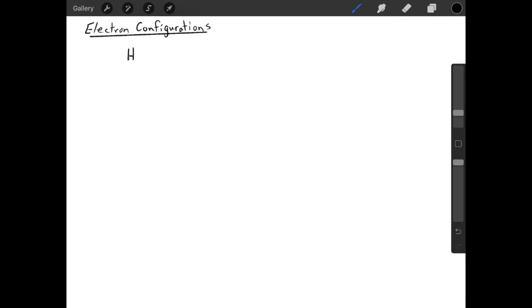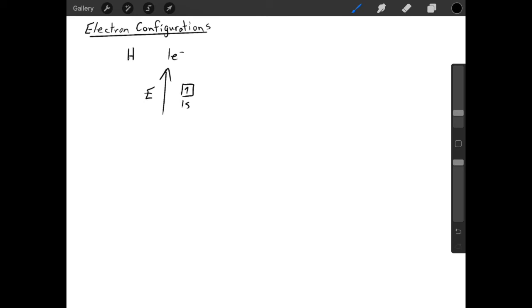So the hydrogen atom has 1 electron. That's it. And the lowest energy possible orbital is the 1s orbital. So you would write the 1s orbital, draw it as a box, draw your potential energy axis, and add a single electron arrow to that box.